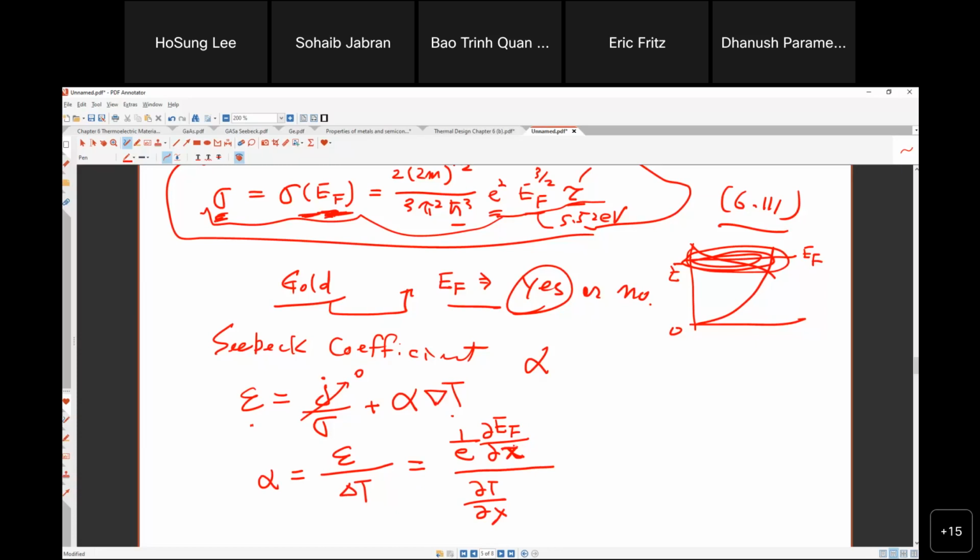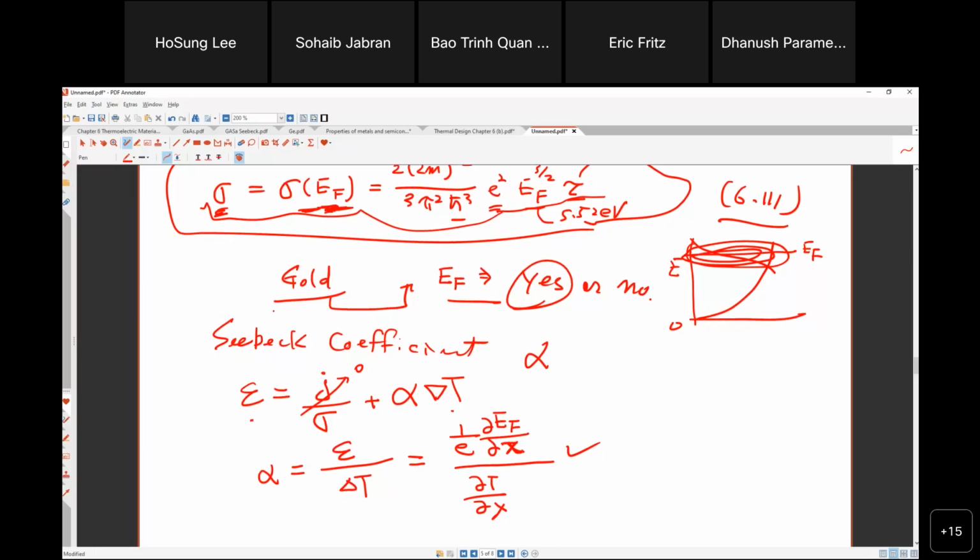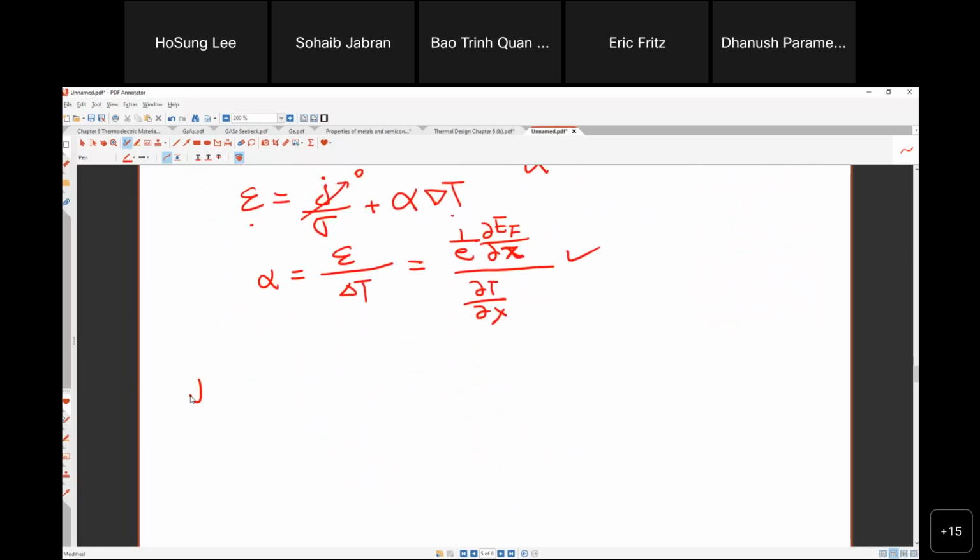Once you figure out these, let's again look at the current density.